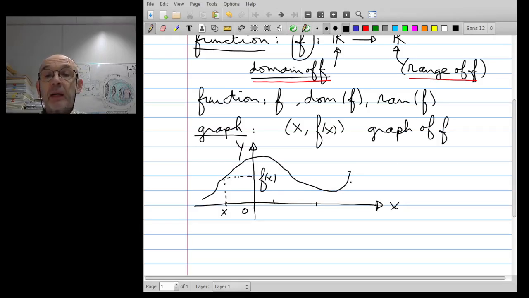I don't put my pencil off the paper, but maybe you have strange functions where you have to lift the pencil off your paper. This is now a function, and here is written y = f(x). So the graph satisfies the equation y = f(x).